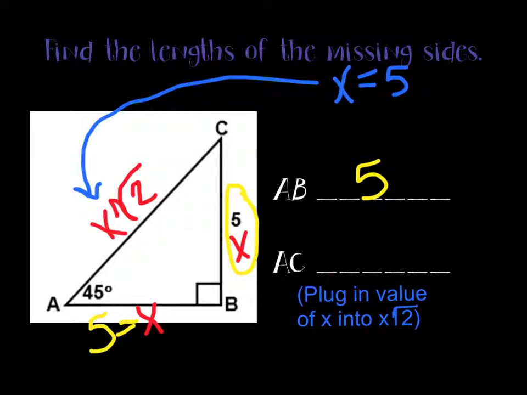So if I know x equals 5, and I know that the side AC is equal to x square root of 2, I plug in the 5 for the x. So you kind of overwrite what that x is. So my side length for AC is 5 square root of 2.